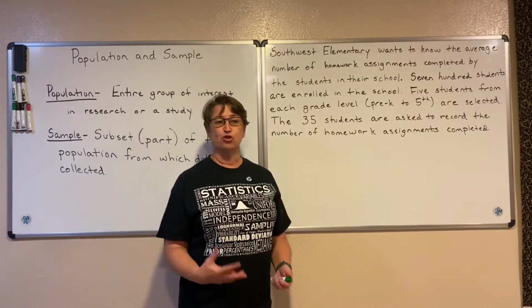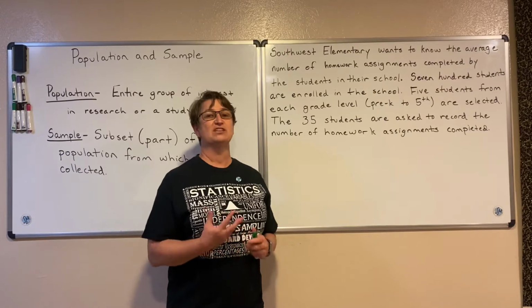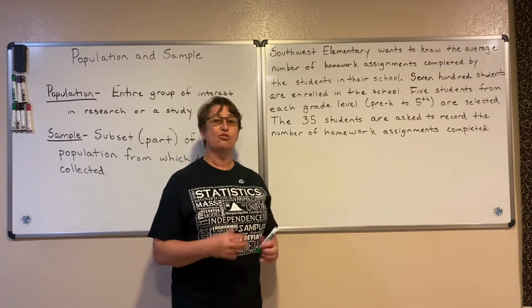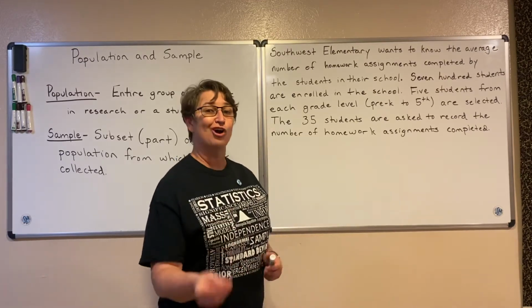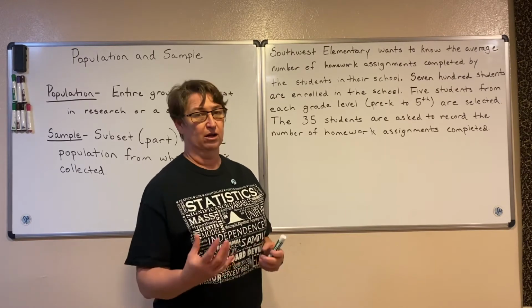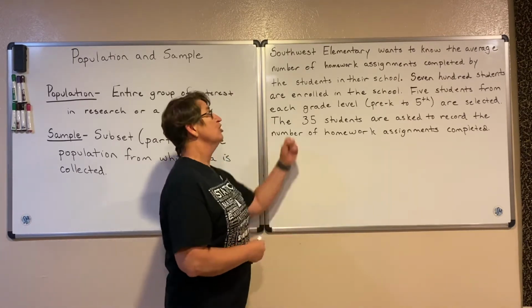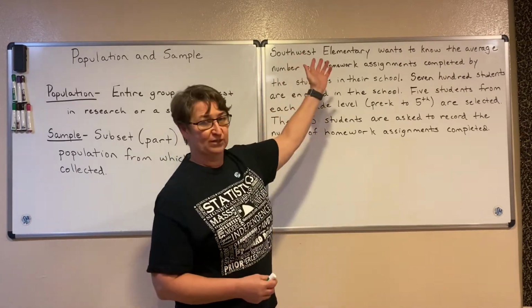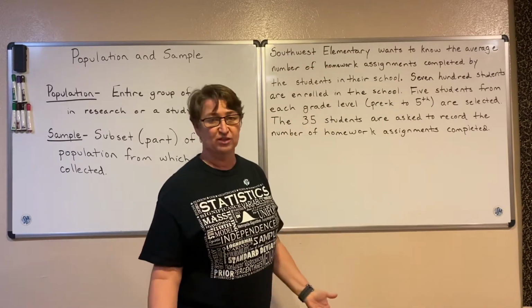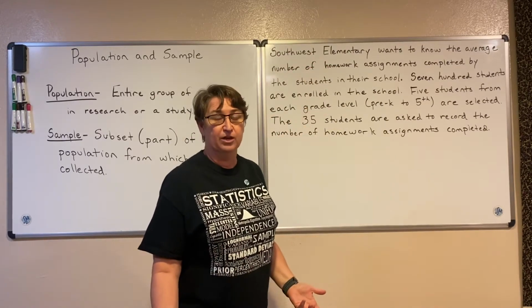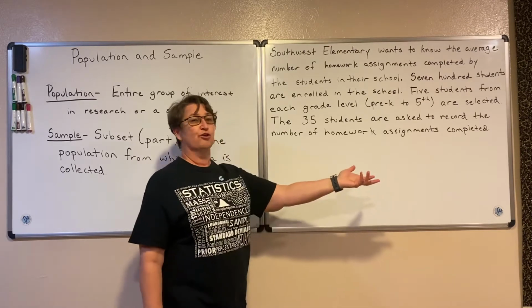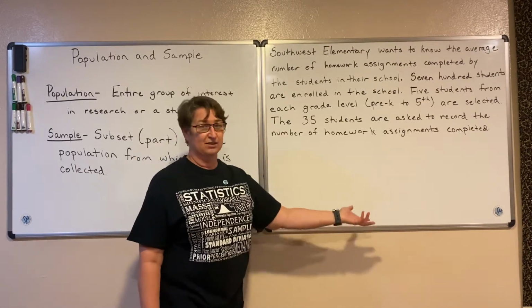So let's look at their group of interest. Who is it that they're interested in? Well, they're interested in all of the students at their school. Notice though that they are not interested in the students at Jefferson Elementary. They don't care about them. They're not worried about the ones at Miller Heights Elementary.